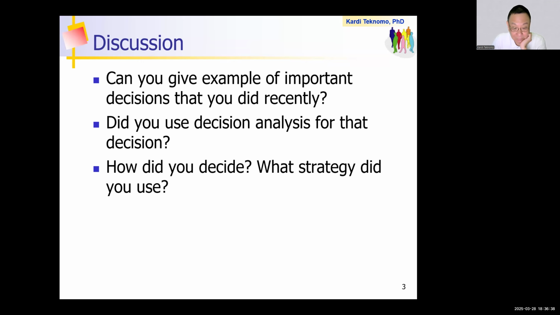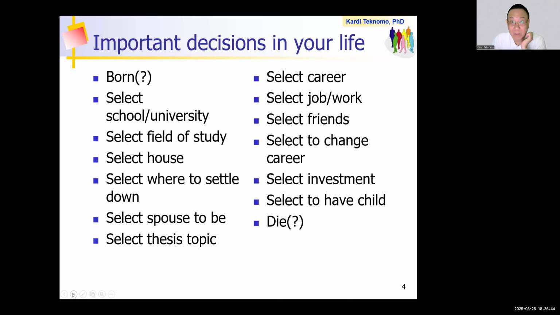So these are the important decisions in your life, isn't it? Being born, of course, this is not your decision, but this is your parents' decision. And these are a few important decisions in your life: to select the university or the school, to select the field of study, to stay or leave your previous job, to select the house, to settle down, to select your spouse to be, to select the thesis topic, this is also important.